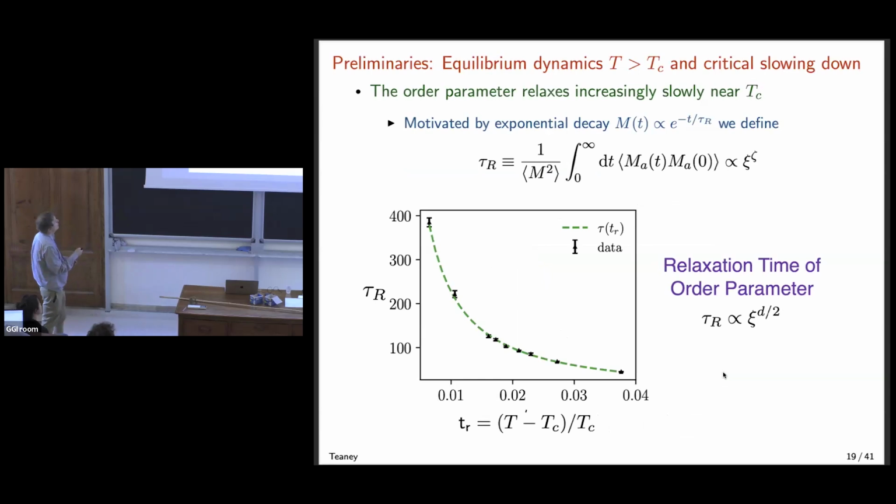One of the things you could measure is this integral. If you think that the order parameter decays exponentially, you would define tau r as this quantity.